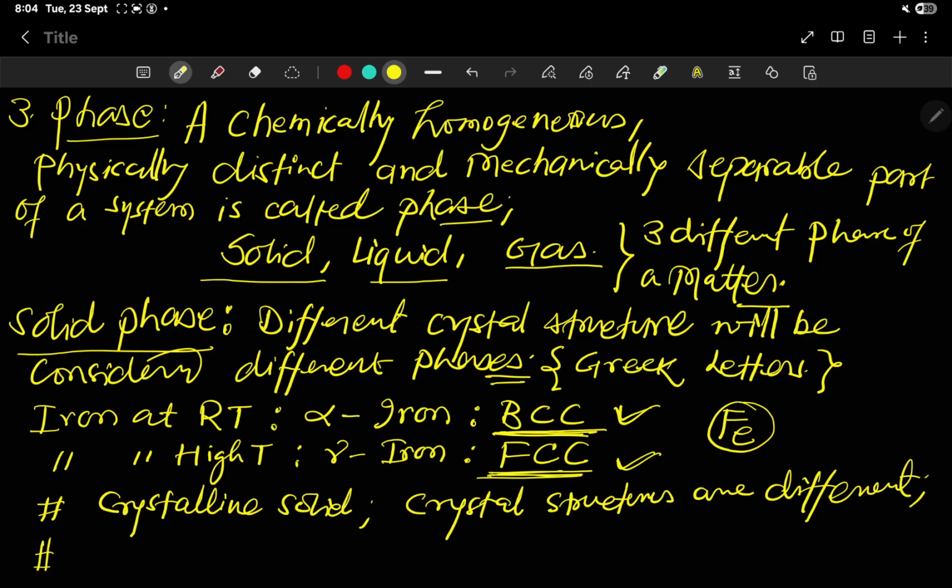So they are considered as different phases from the point of view of phase diagram.